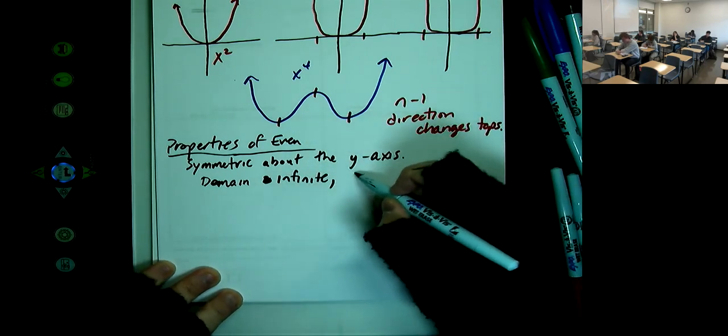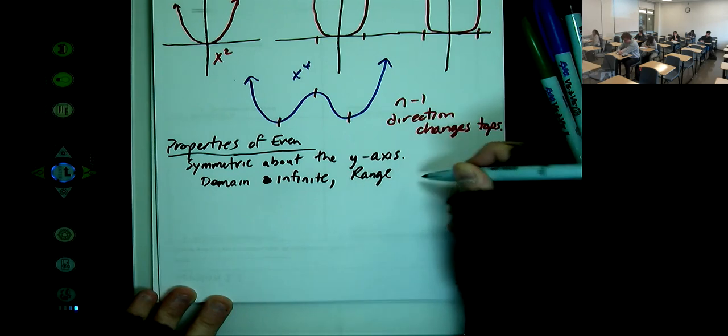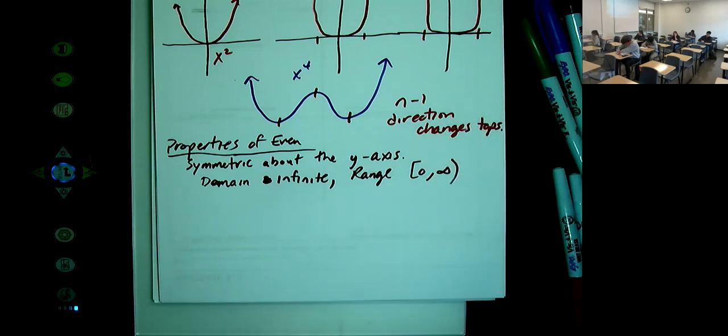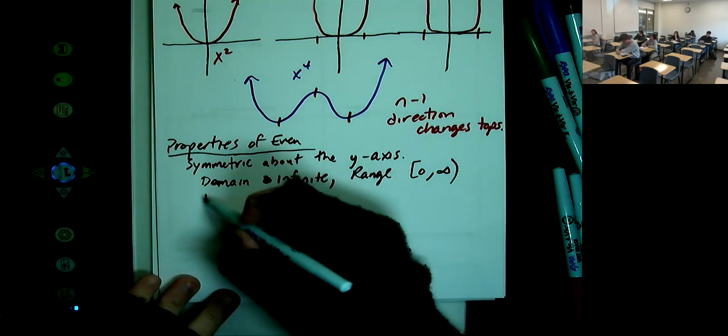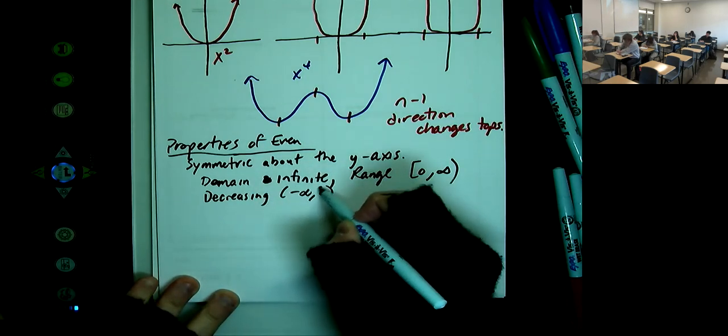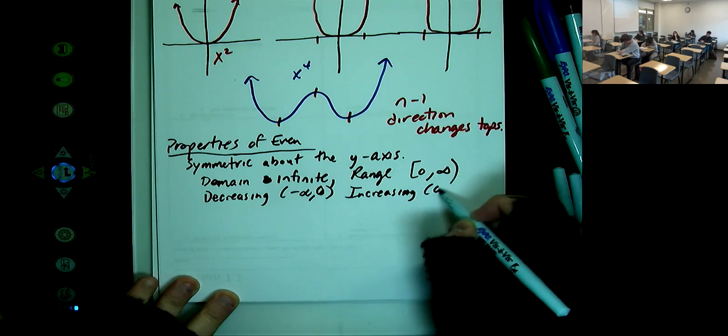Range isn't. The range for the base one for ax to the n is 0 to infinity. It's decreasing from -infinity to 0. And it's increasing from 0 to infinity.